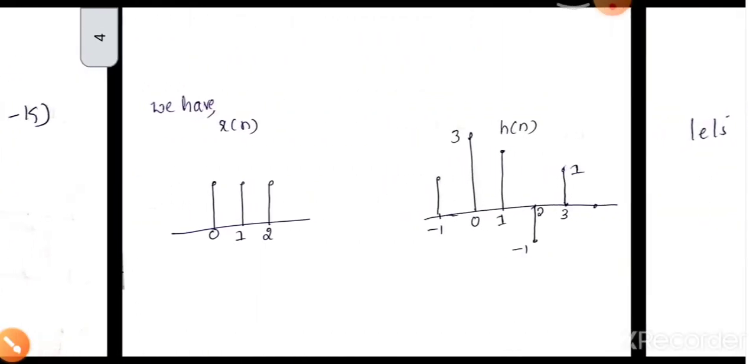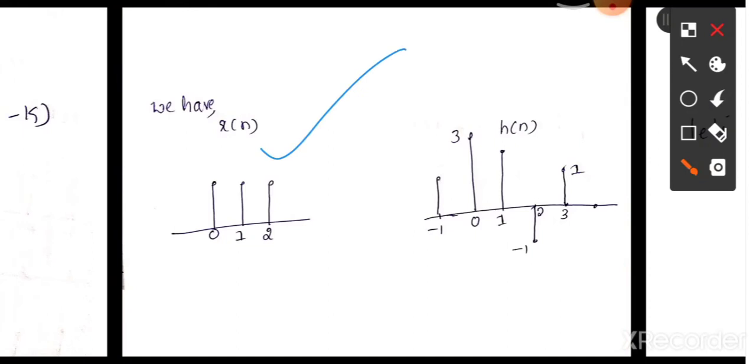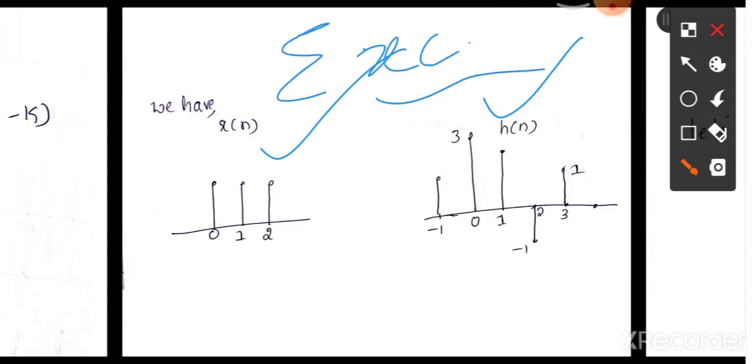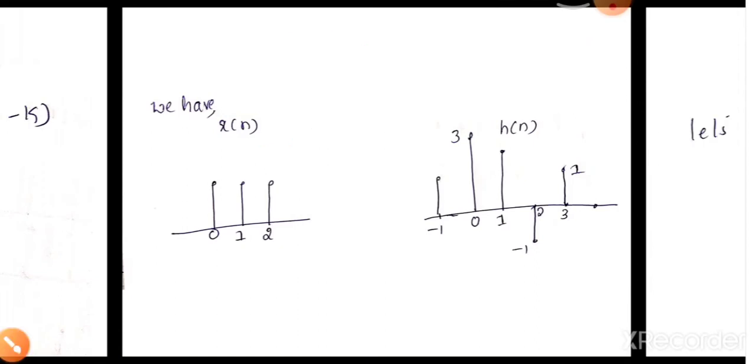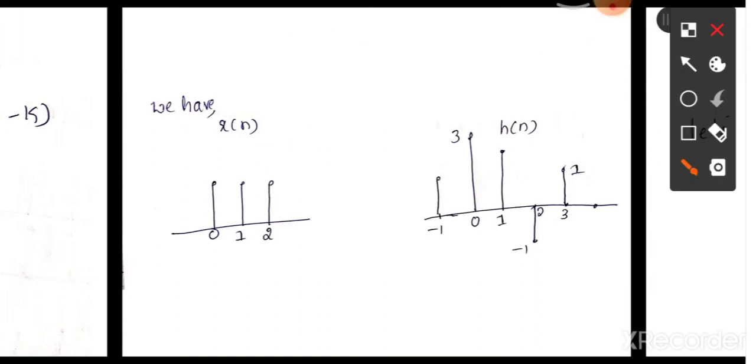This is your x of n and this is your h of n. Now we have to decide which signal is to be reversed, because while taking this summation any one can be interchanged, not a problem. Right, to decide which signal has to be reversed, let's prefer to take this one because it is a simple one. You can take a reverse of it and you can shift it.